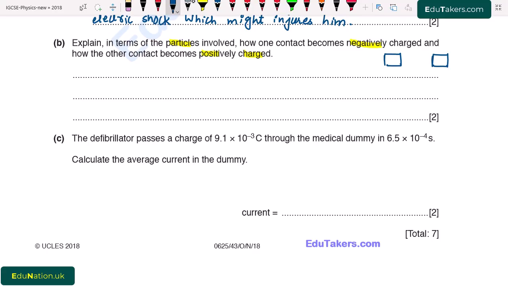If I suppose that it is contact 1 and it is 2 and electrons move from contact 1 into contact 2, then on contact 1 there is a deficiency of negative charges, so it becomes positively charged.